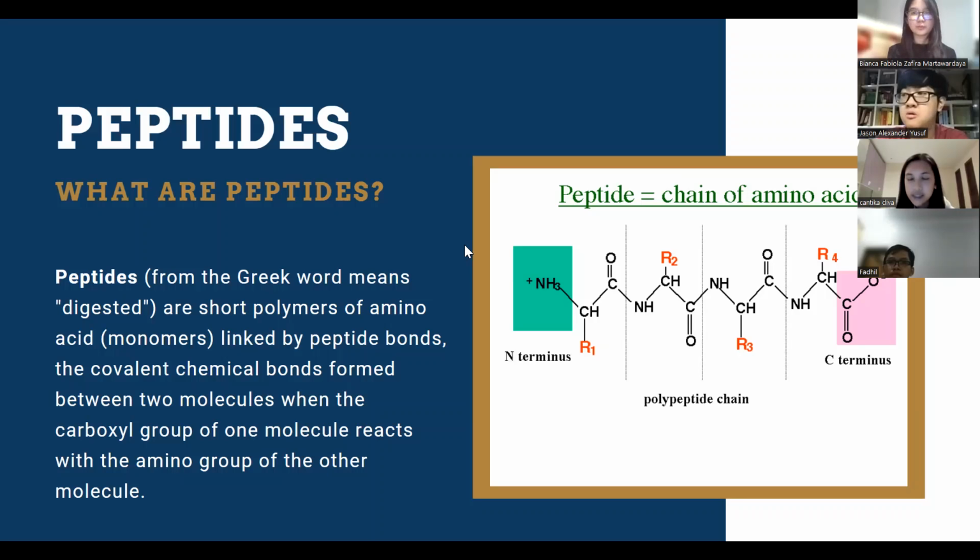On your right, you can see a simple figure of how it is. A peptide is a chain, a combination of many amino acids. On the right side, you will see the C terminus, which is the end with the carboxyl group, and the left side is the N terminus, the end with the amino group.